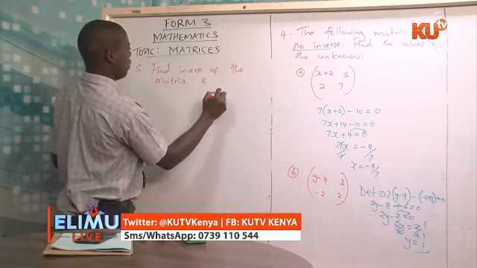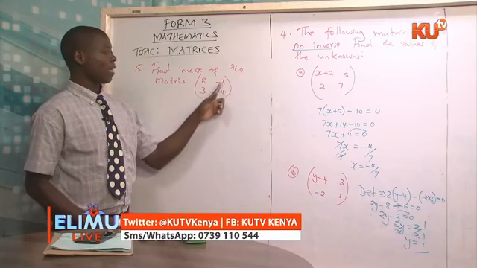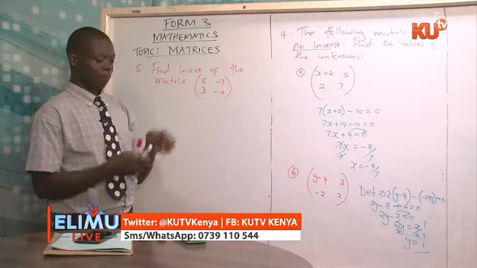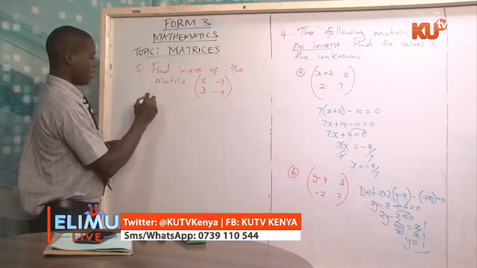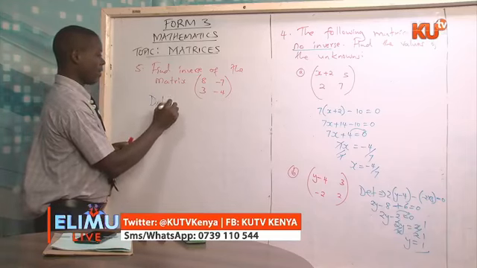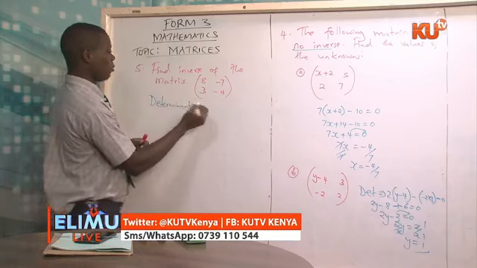The students should now be able to tell the elements in the leading diagonal: it's 8 and negative 4. The other diagonal is 3 and negative 7. Therefore, our determinant will be equal to 8 times negative 4 minus 3 times negative 7. 8 times negative 4 is negative 32, minus 3 times negative 7, negative 21.